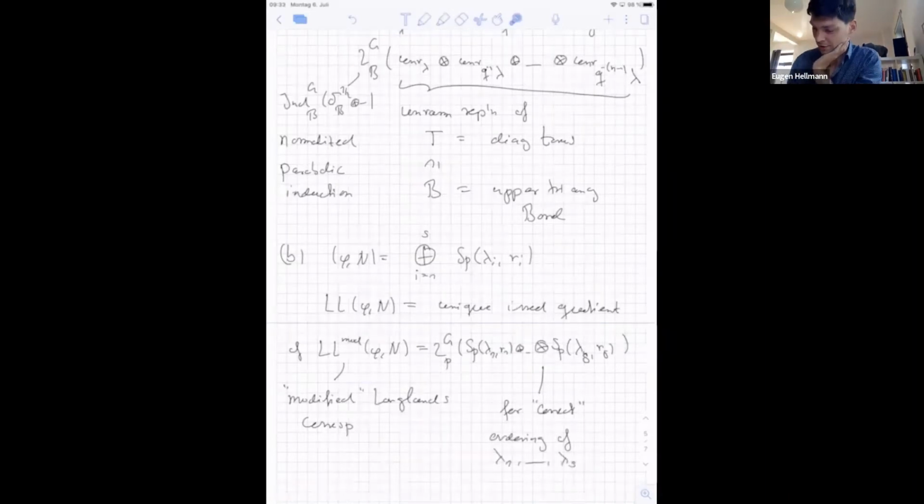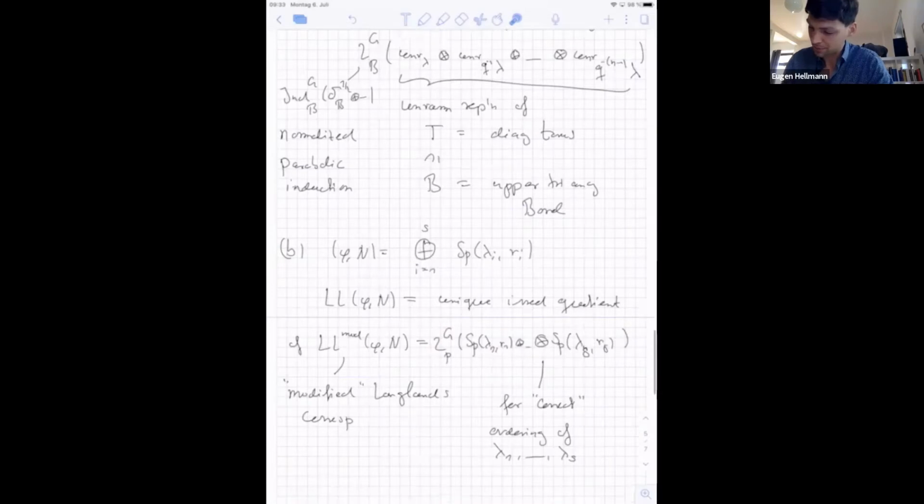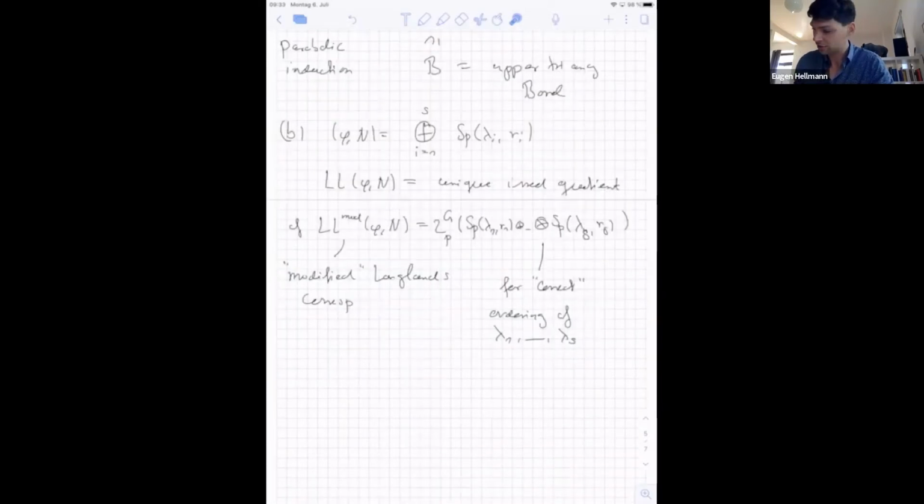So basically you have to ensure that if lambda j is q to the something times lambda i, then the q to the something times lambda i occurs before the lambda i. Okay, but that's just a combinatorial recipe which tells you which order you have to choose, which comes up when you analyze these parabolically induced representations, which is called the Bernstein-Zelevinsky classification of smooth representations.